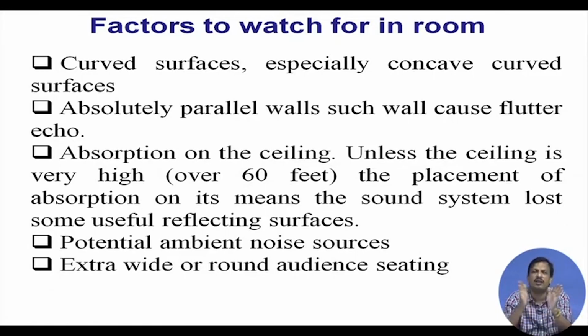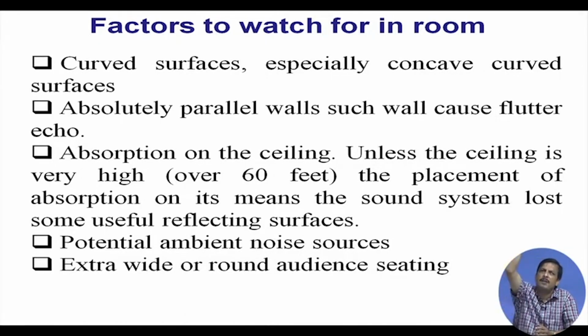When you design an auditorium, there should not be two absolutely parallel walls. Okay. Then absorption on the ceiling. If you put absorptive material on the ceiling, then you lose sound energy. Unless the ceiling is very high, the placement of absorption on it means that the sound system loses some useful reflection.